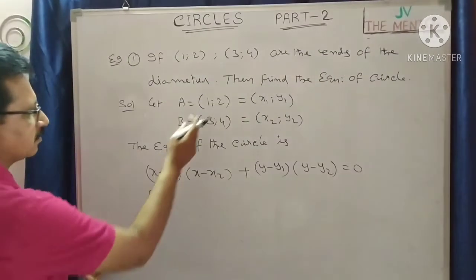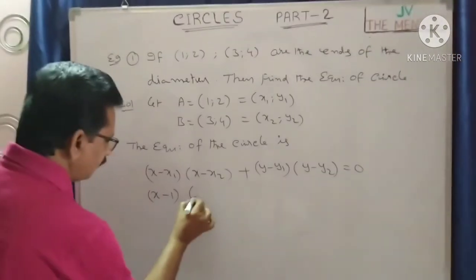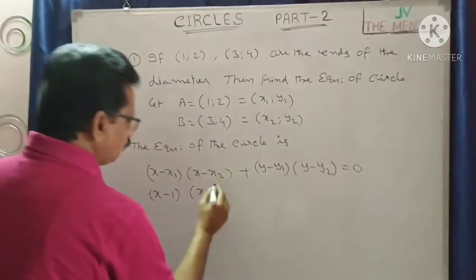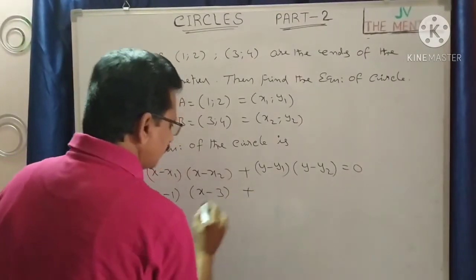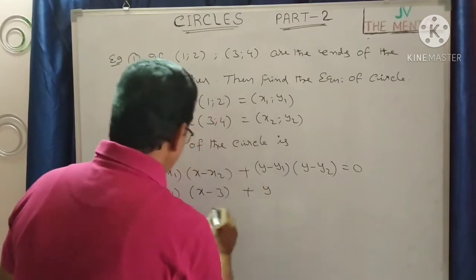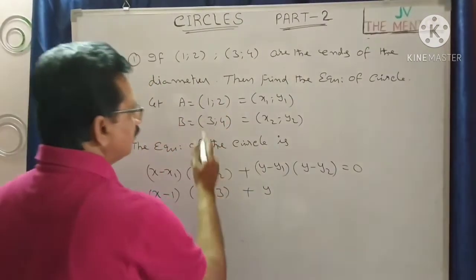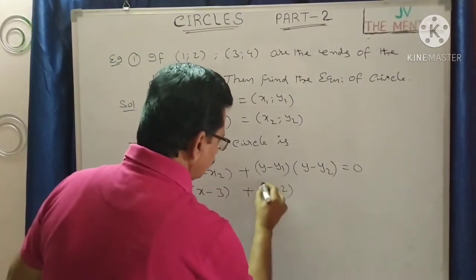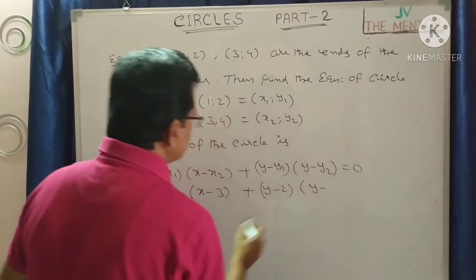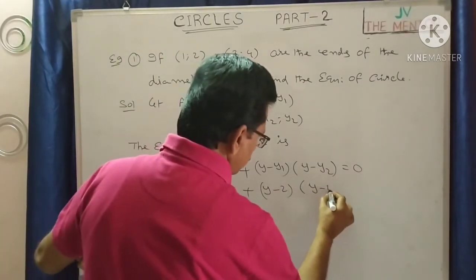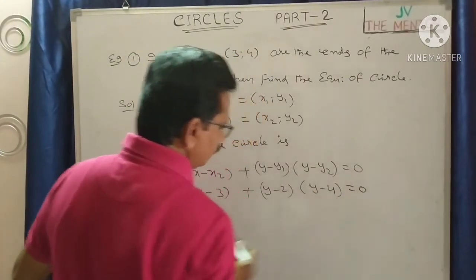Then x minus x1 is x minus 1, x minus x2 is x minus 3, plus y minus y1, here y1 is 2, y minus y2 is y minus 4, equal to 0.